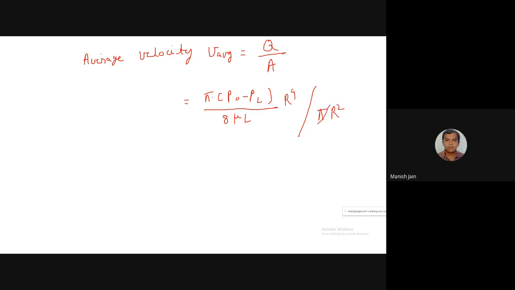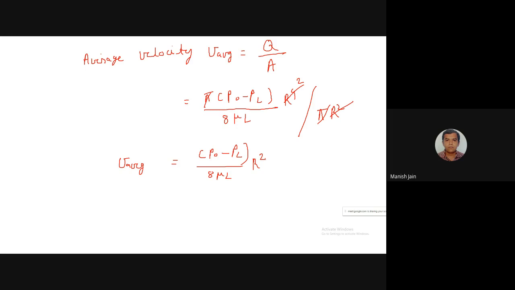So this pi will be cancelled out, and R square will be cancelled out from this, so here you will get R to the power 2. So V average equal to (P naught minus PL) divided by 8 mu L multiplied by R square. Okay, so this is the value of V average.